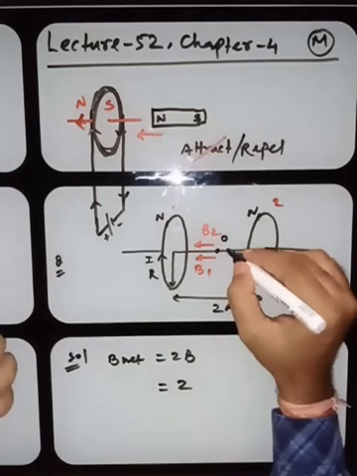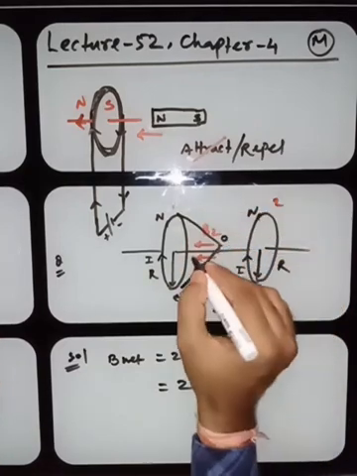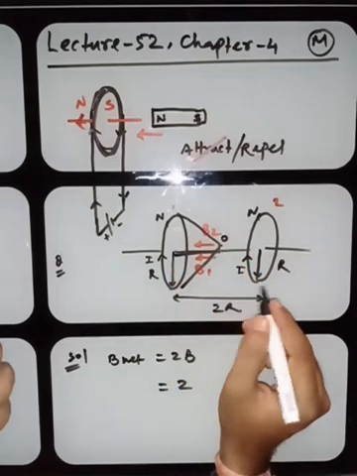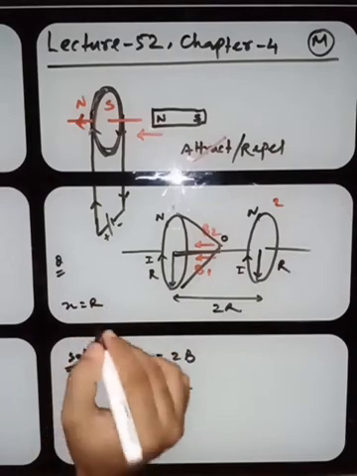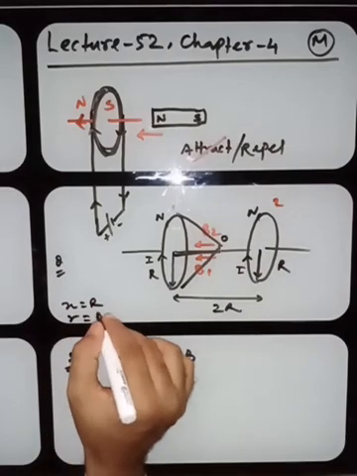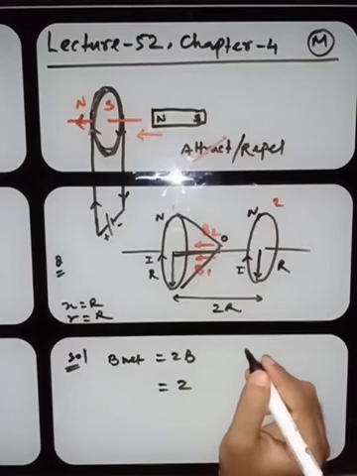We are having the conductor now with the value of x. How much is it? It is r. Here the value of x will be r. Now we know the formula for n turns.